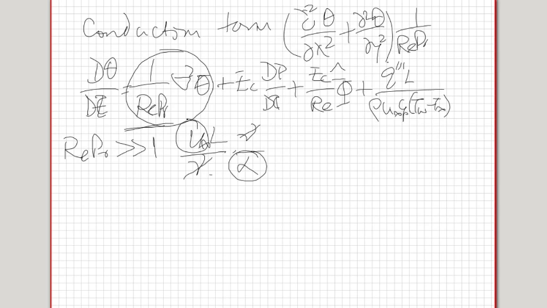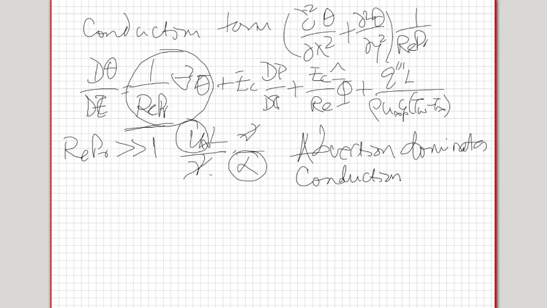So when this number is much larger than 1, then the speed of advection is much more than the speed of diffusion. So advection dominates. Advection dominates conduction. Okay. So this is the thing that we need to understand.